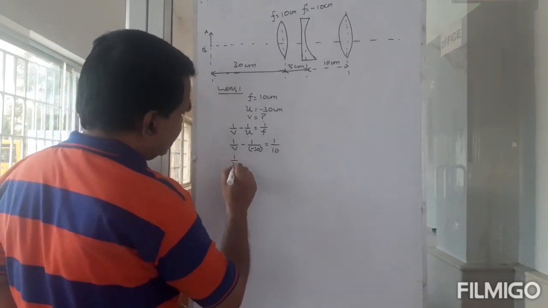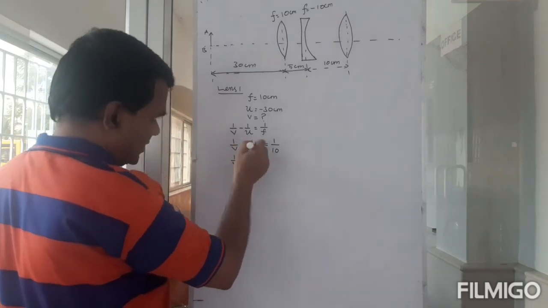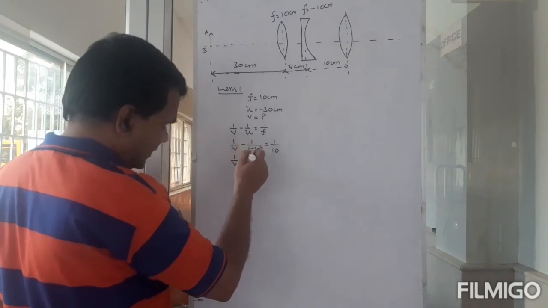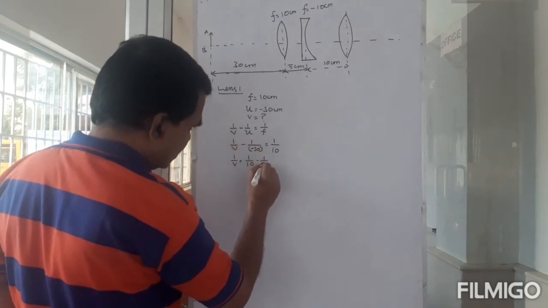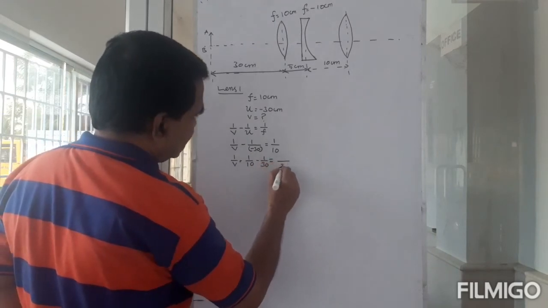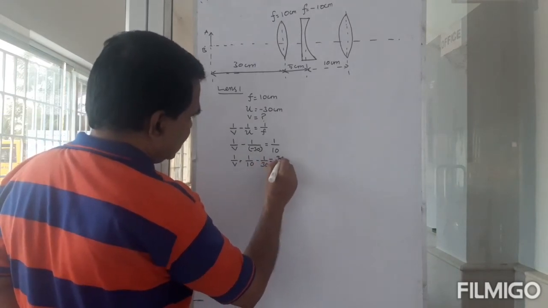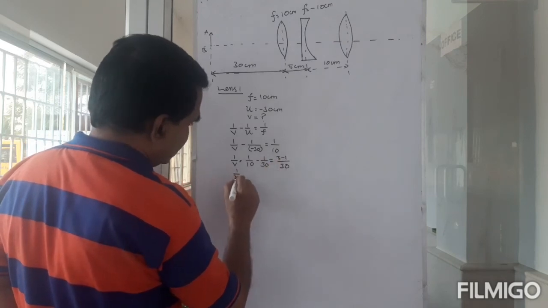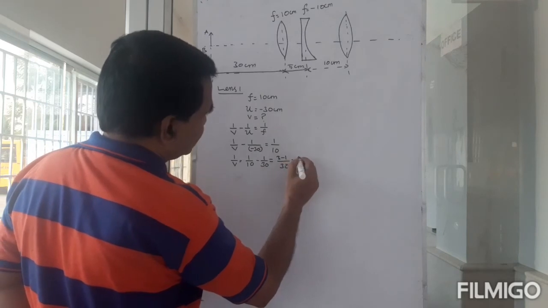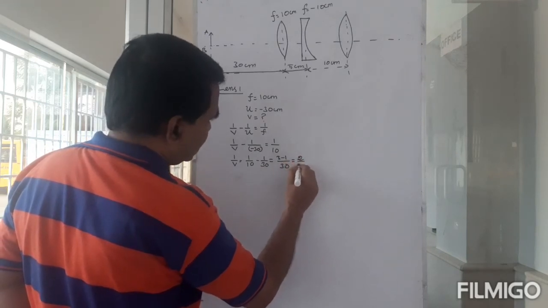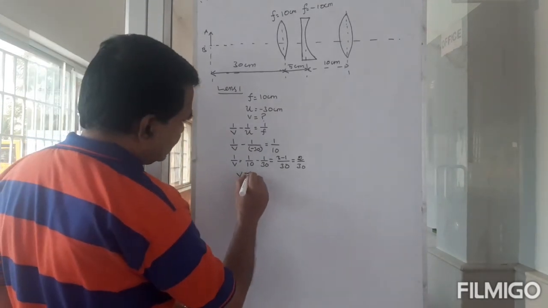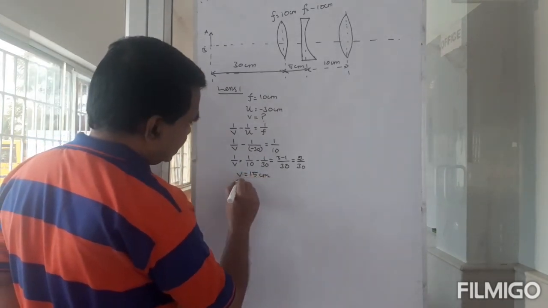Then 1 by v is equal to 1 by 10 minus 1 by 30. With 30 as the LCM, this becomes 3 minus 1, so 1 by v is 2 by 30, that is 1 by 15. So v in this case is equal to 15 centimeters.